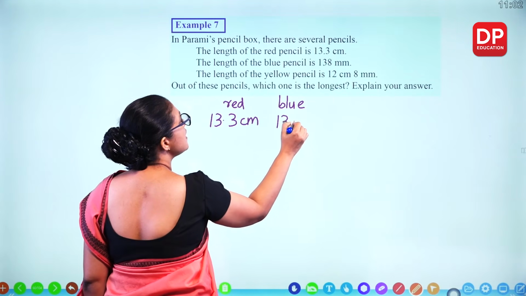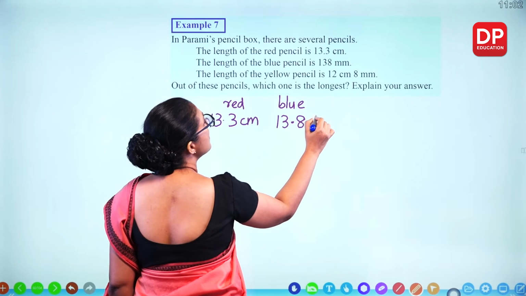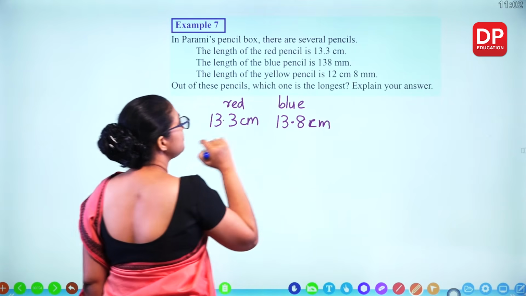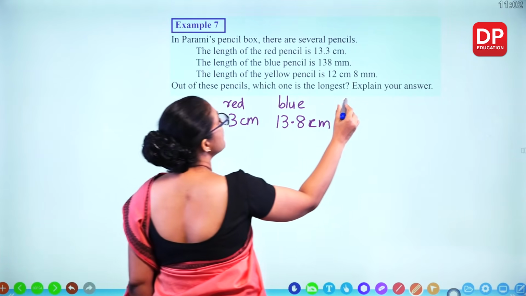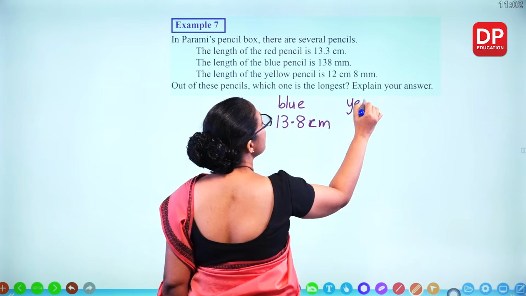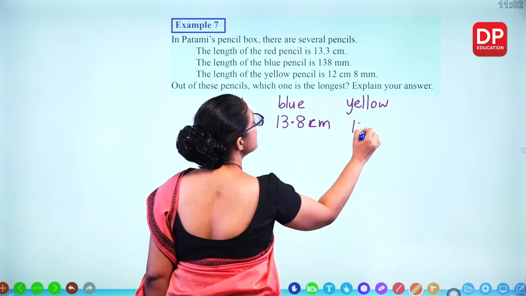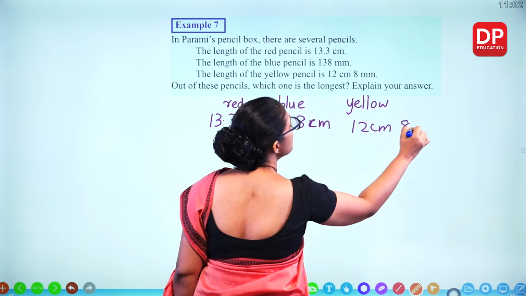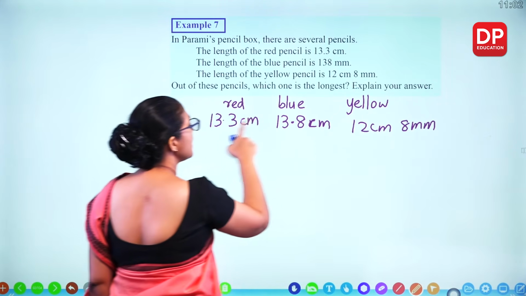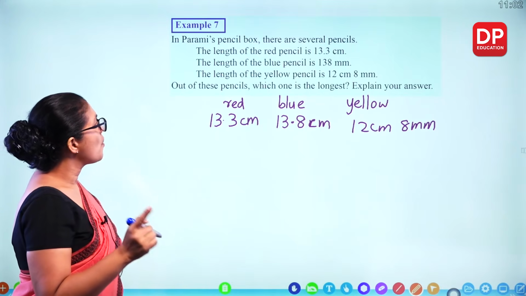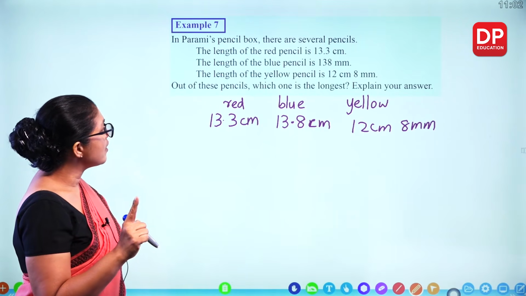That becomes 13.8 centimeters. The yellow one, I can write 12 centimeters and 8 millimeters. That's okay because I can compare. So which one is the longest?